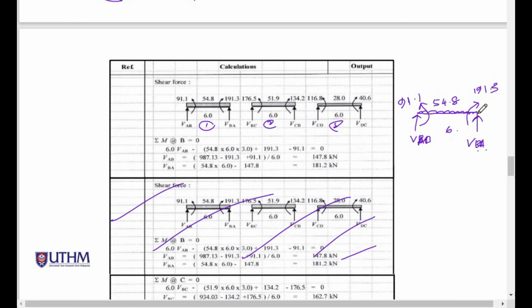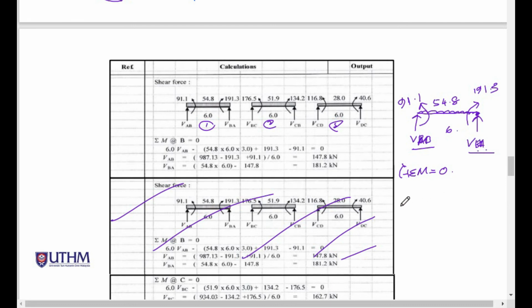Okay, so take moment at B. When we take moment at B, all loading moves to joint B, so it equals 0. Okay, so this is the same process on how to determine the support reaction at B and also A here.